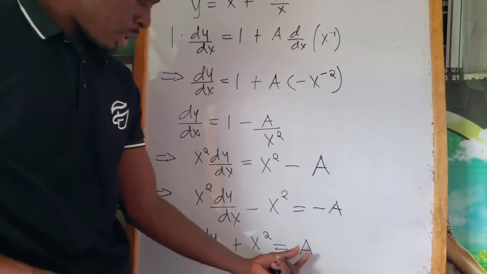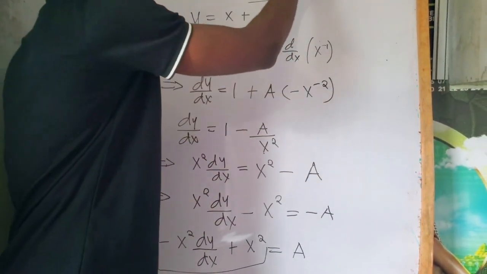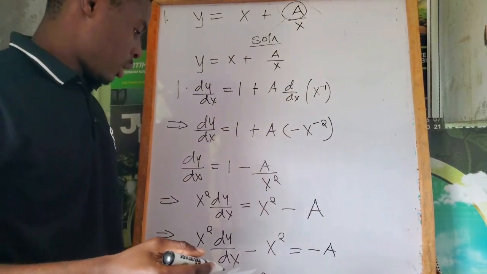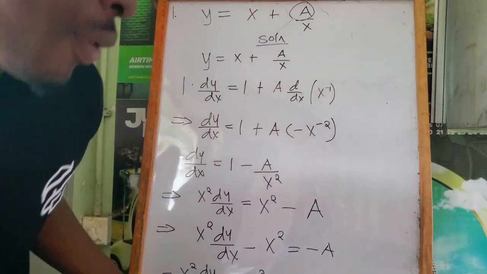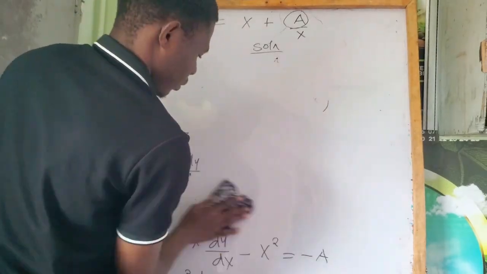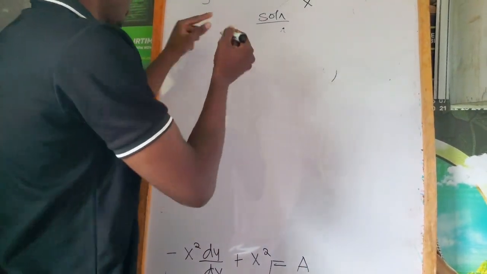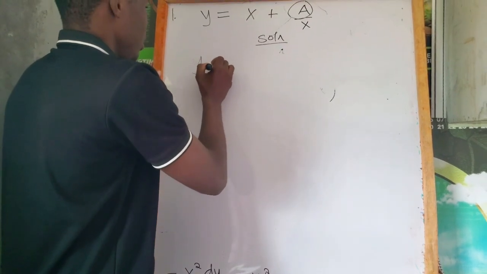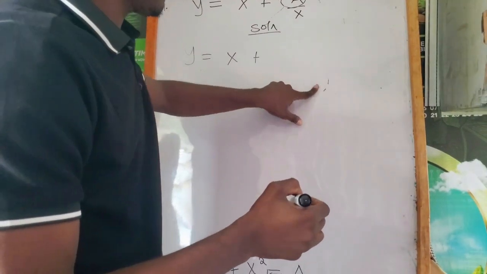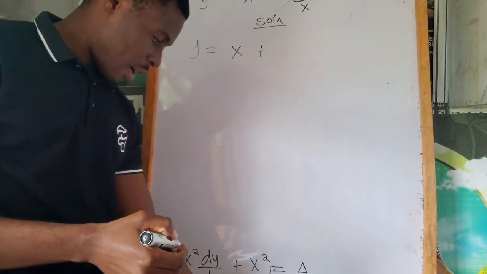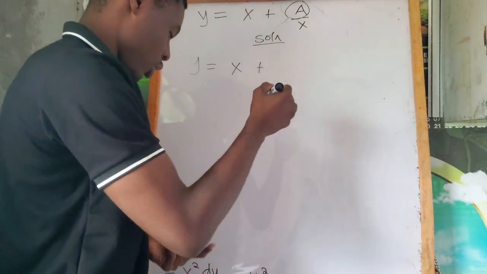So a is equal to this. Now the next step is to take this value and plug it back into this place. So let us do that. Let us do some cleaning first. So let's take this equation. y is equal to x plus. Now what is the value of a? We have the value of a to be this, so we are going to plug everything into this equation.